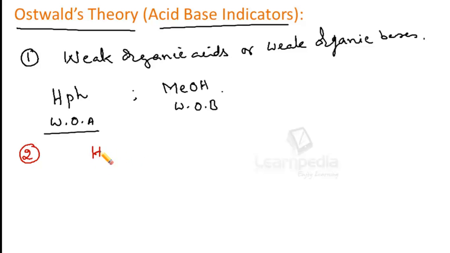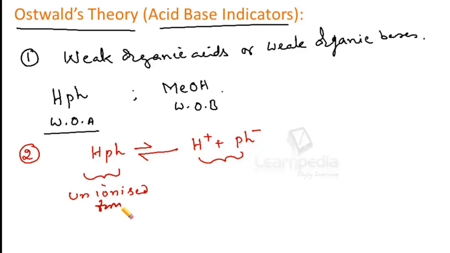Say for example, phenolphthalein in aqueous solution undergoes ionization to give a lesser number of H+ and Ph- ions. Thus, there exists an equilibrium between the unionized form of the indicator on the left hand side, whereas this H+ and Ph- is the ionized form of the indicator.